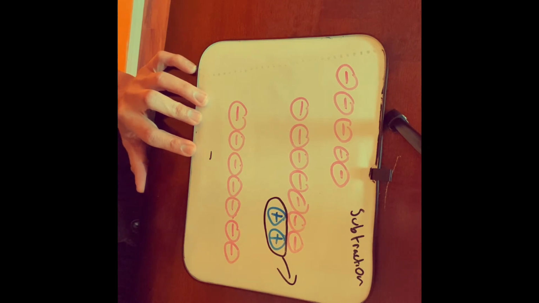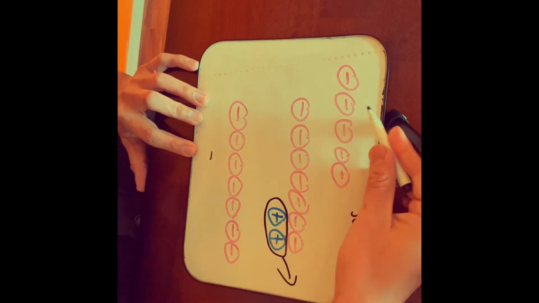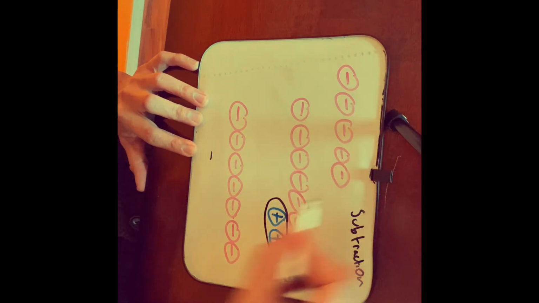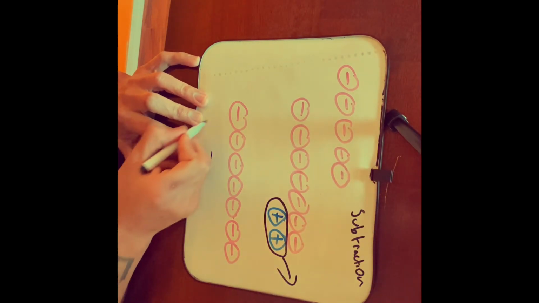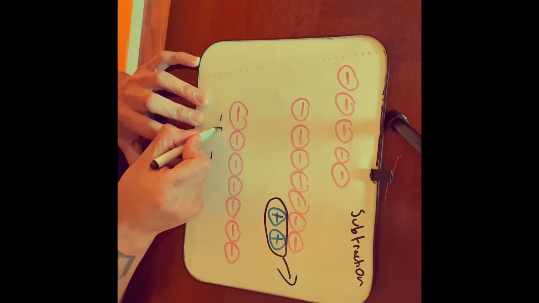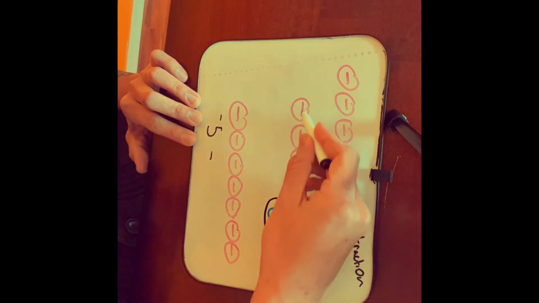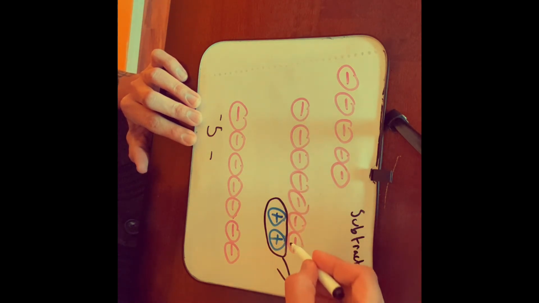Well, what do we start off with? We start off here at the top. 1, 2, 3, 4, 5. 5 negatives. That is what we started off with. So -5. Then we go down to the second diagram here. We have 1, 2, 3, 4, 5, 6, 7 negatives and 2 positives.